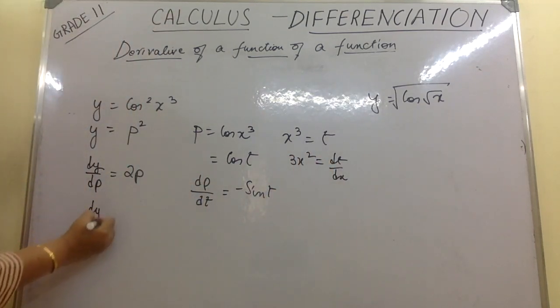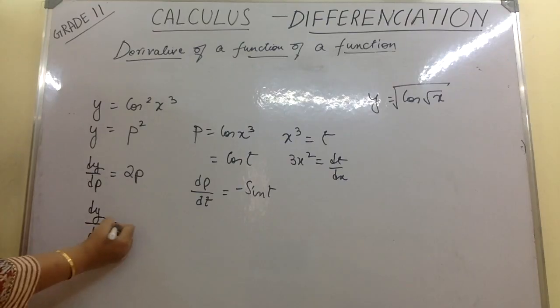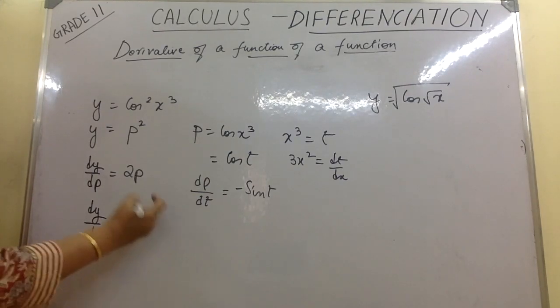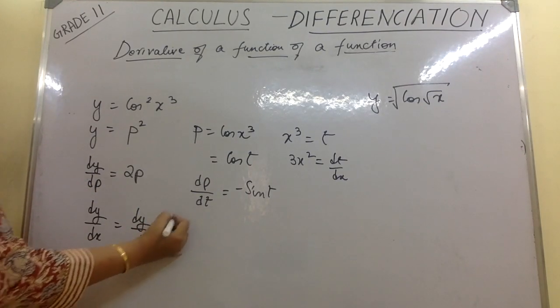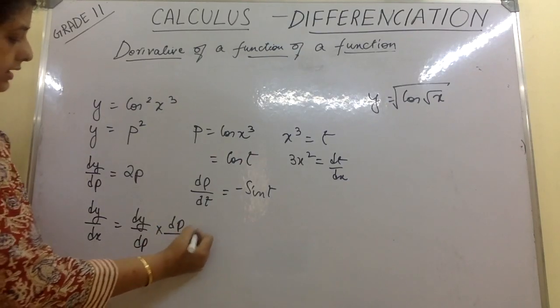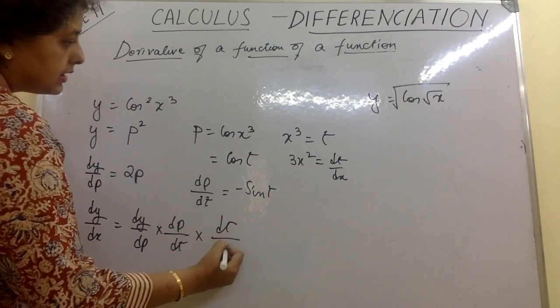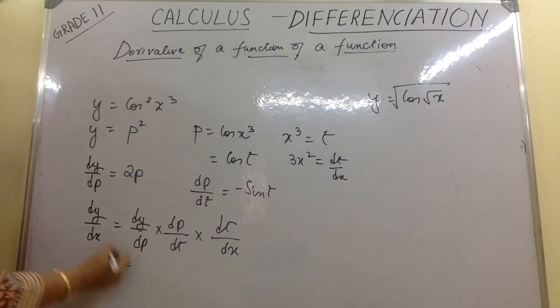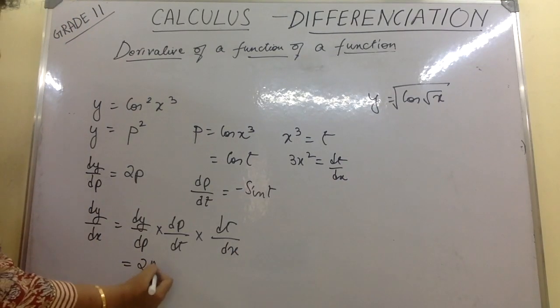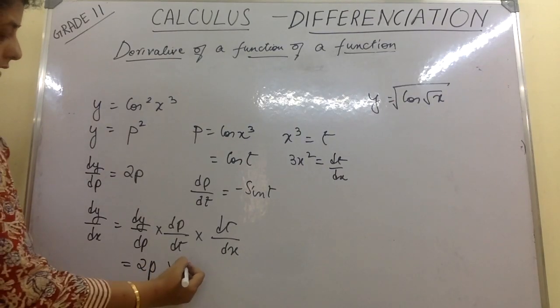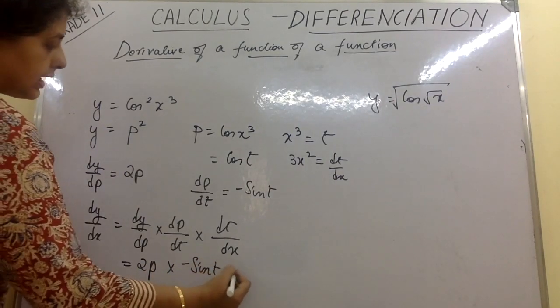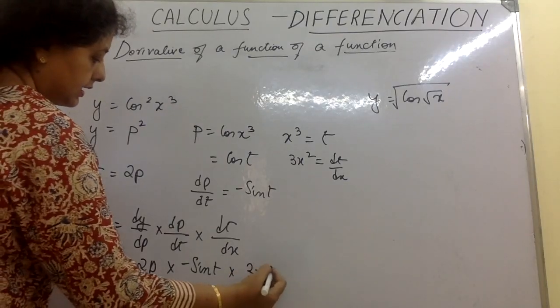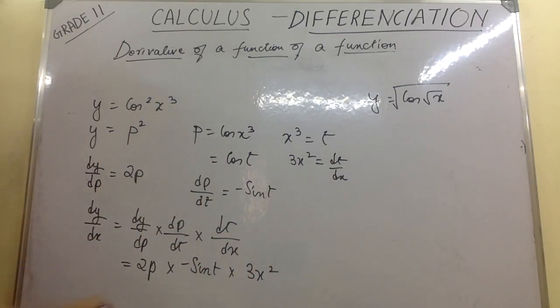Now dy by dx is dy by dp, then look for dp by dt, then look for dt by dx. Okay, that is equal to dy by dp is 2p into dp by dt is minus sin t, and dt by dx is 3x square. We are going to substitute everything here.